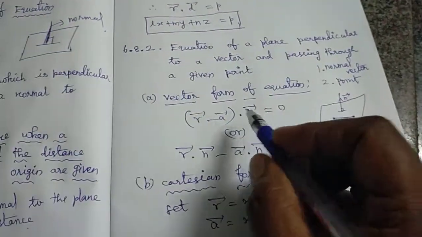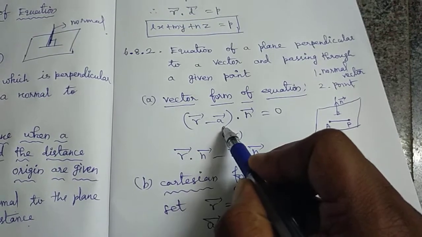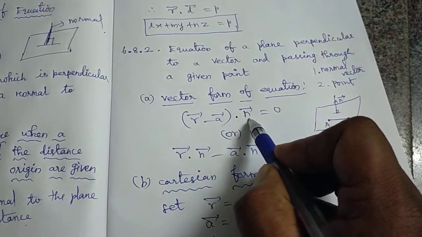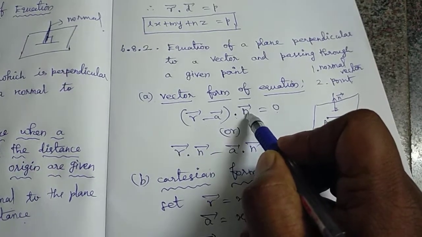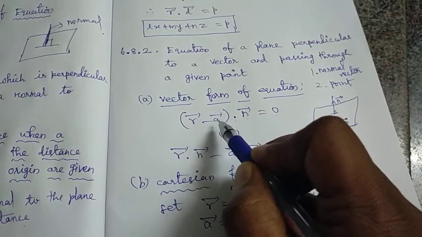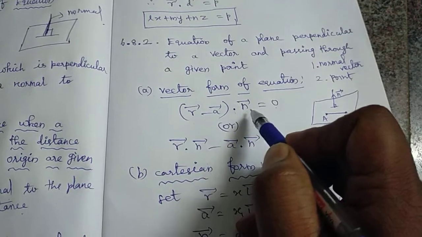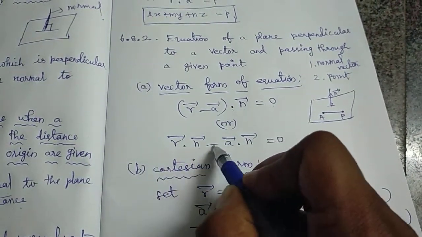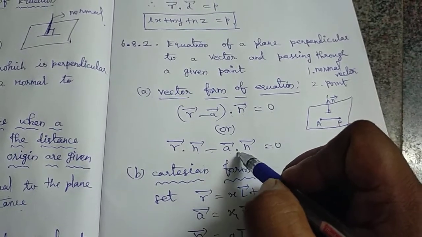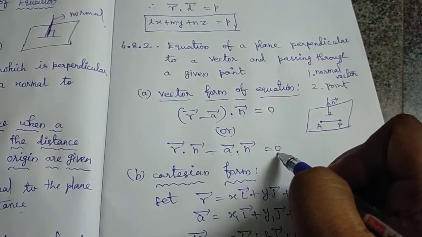So vector form: r vector minus a vector dot n vector equal to 0. Or multiply the dot n with the values inside the brackets. There are two values inside the brackets. So r vector dot n vector minus a vector dot n vector equal to 0.